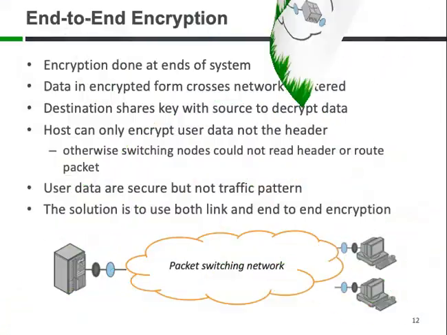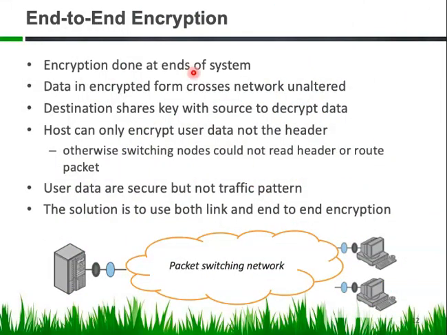Another approach is end-to-end encryption. With end-to-end encryption, the encryption process is carried out at the two end systems, the sender and the destination. In the previous example, we have the encryption device located at the sender and at the destination. This is a packet switching network with routers, and the source host or terminal encrypts the data.